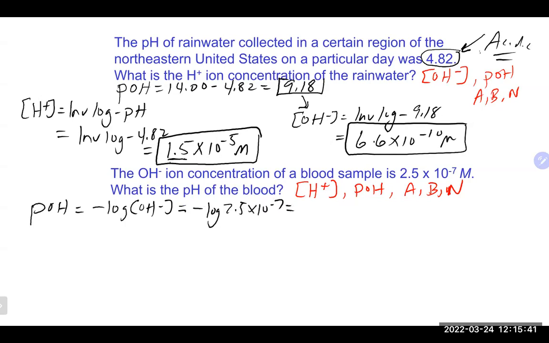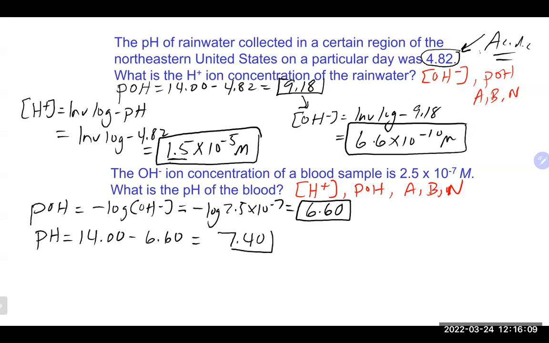That would get us a pOH of 6.60. We can then very quickly get to the pH because the pH should be 14 minus the pOH, which gives us a pH of 7.40.